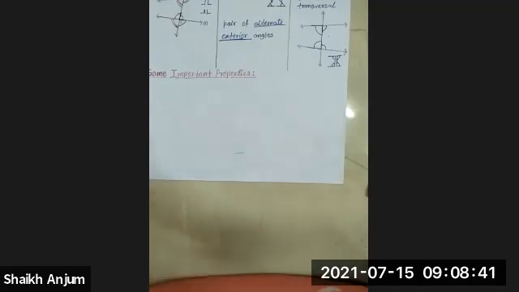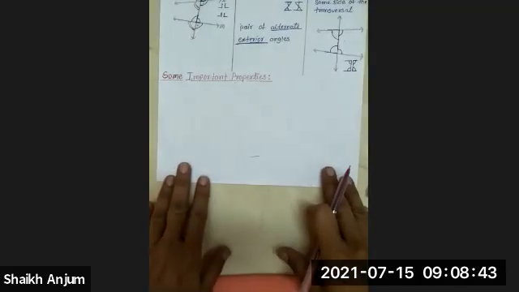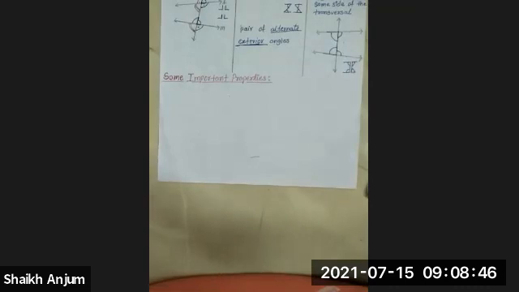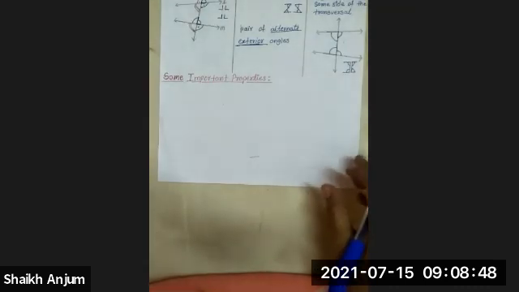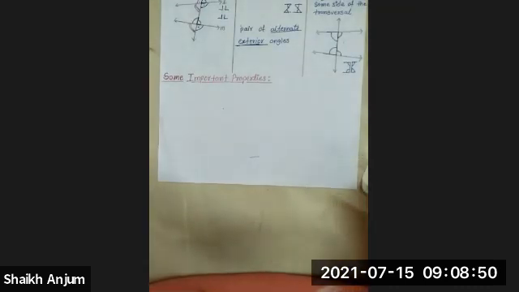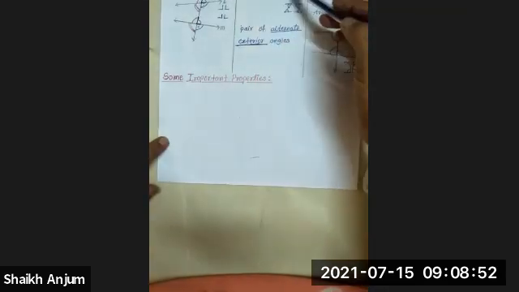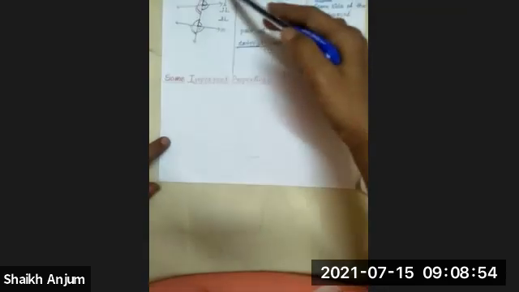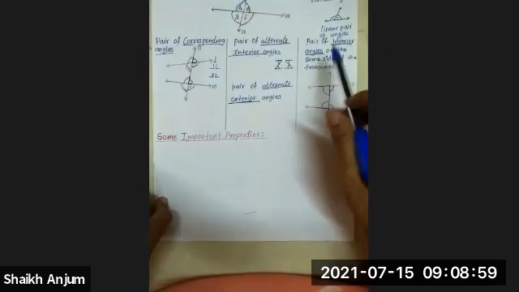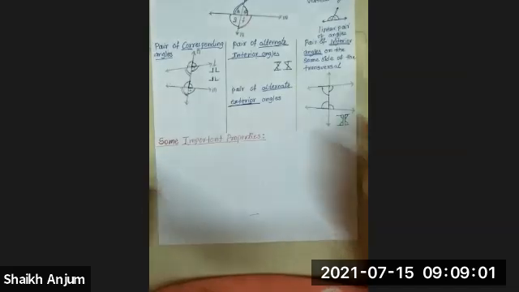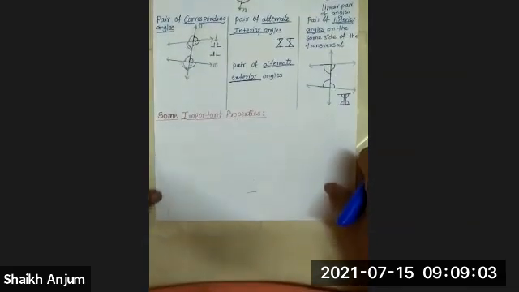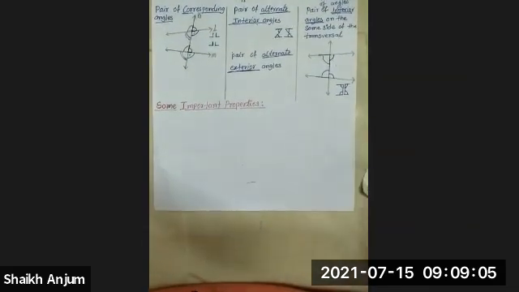Okay, now the next point we have to see is the properties of these corresponding angles, alternate angles and interior angles. The properties regarding these three types of angles will be used in the solution of your practice set.